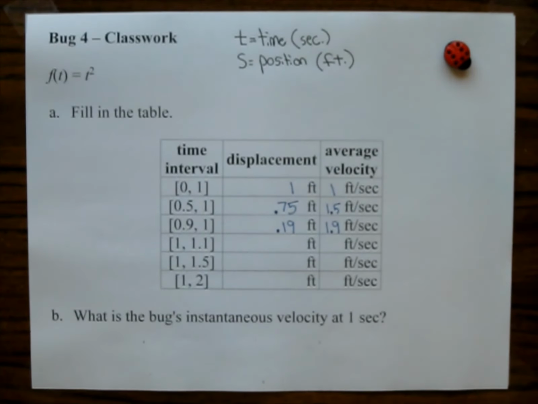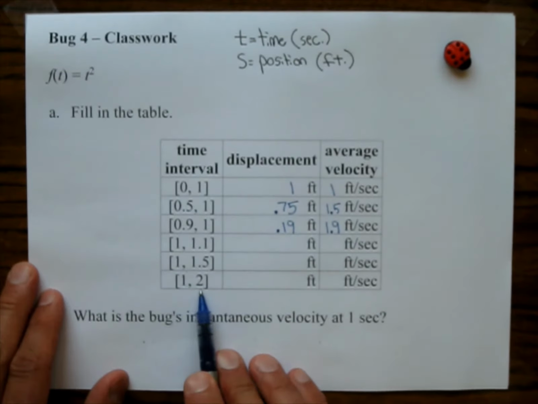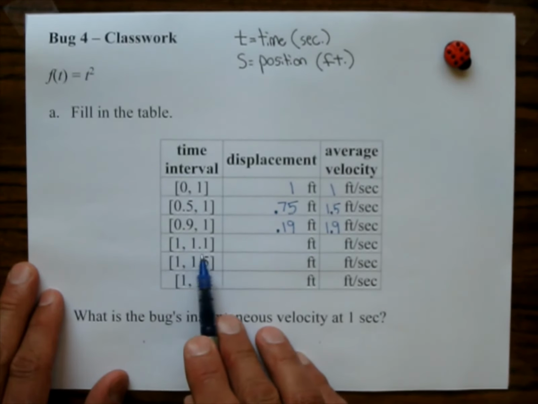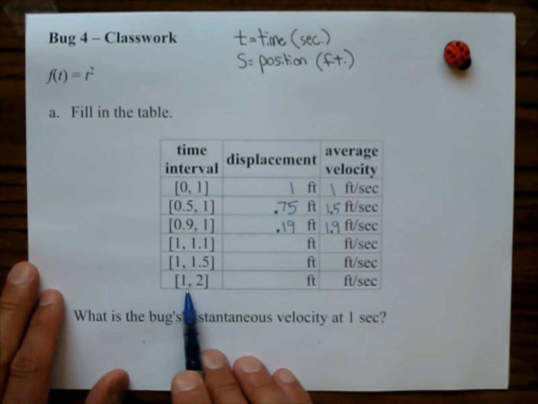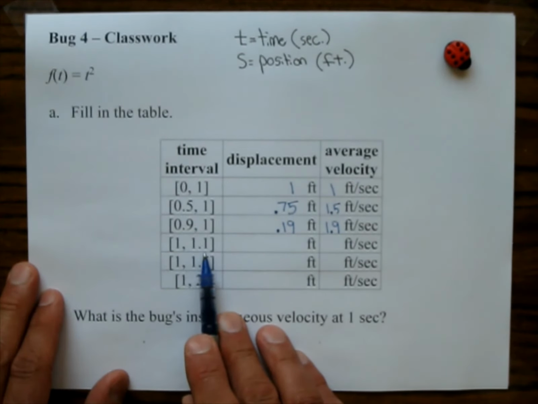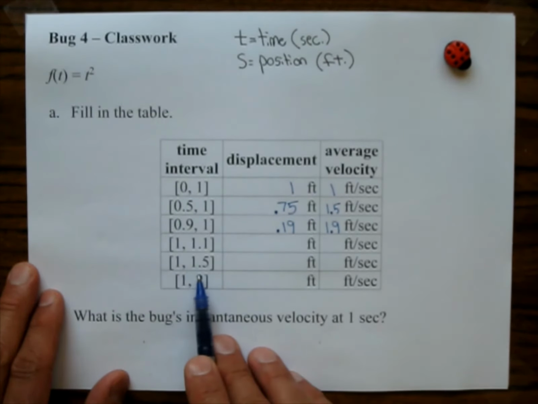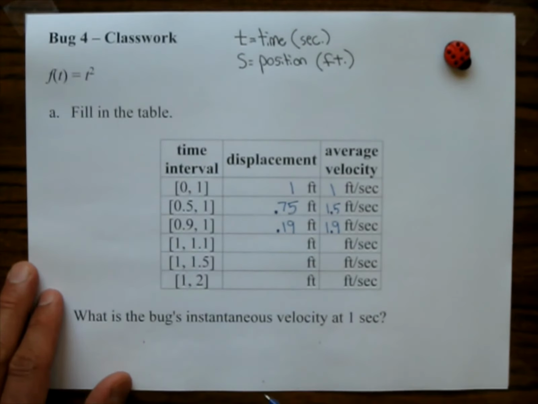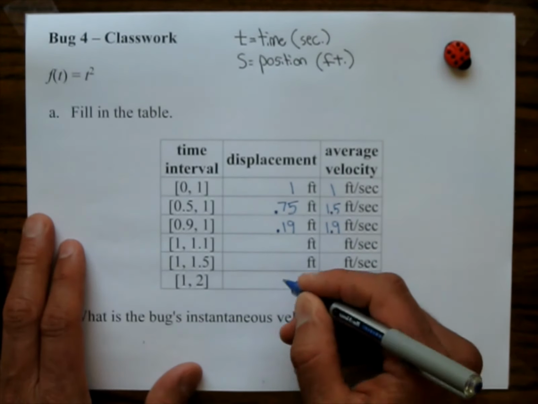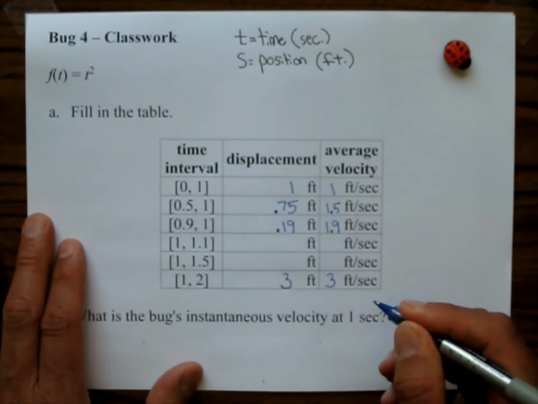Okay, so let's do part A where we're filling this out. Notice that on this one, I'm going to do this kind of backwards. I'm going to go 1 to 2, and then 1 to 1.5, and 1 to 1.1. So the time interval starts off kind of big, 1 second, and then a half second, and then a tenth of a second. And we'll see what happens as we center in on 1 from the right-hand side. Look at that, the right-hand side number is changing. What I ended up getting for these is 3 feet displacement and 3 feet per second.